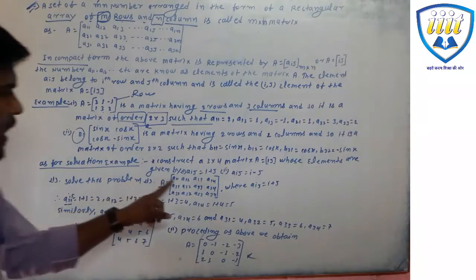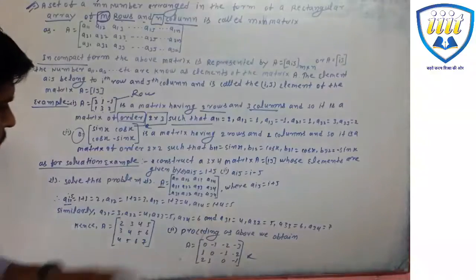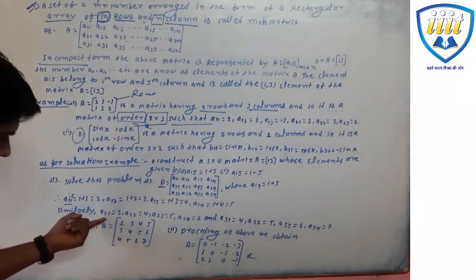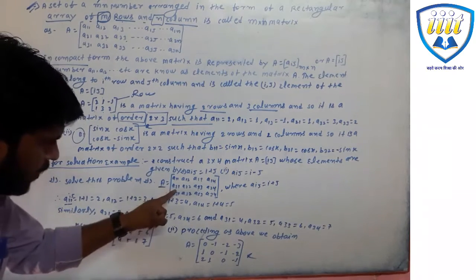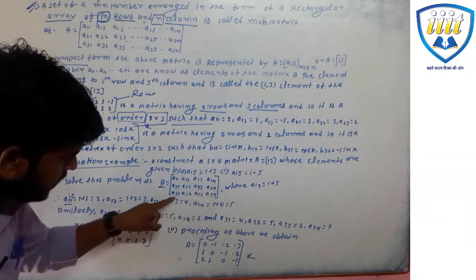Example: the first row is 2, 3, 4, 5. Similarly, for A21: 2 plus 1 is 3, then 4, 5, 6.